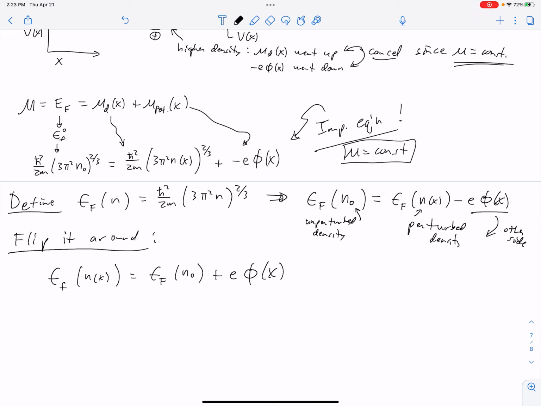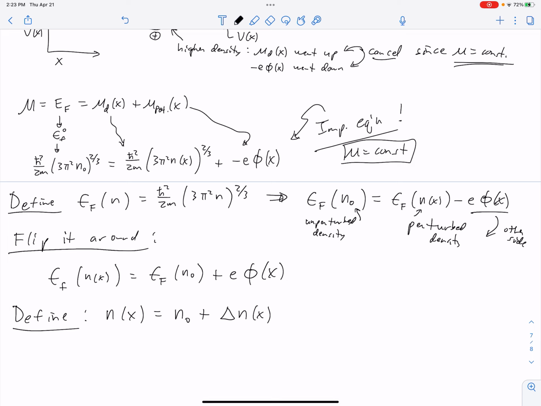And then there's a really cute thing we can do. Let's define n of x equal to n naught plus some change in n as a function of x.